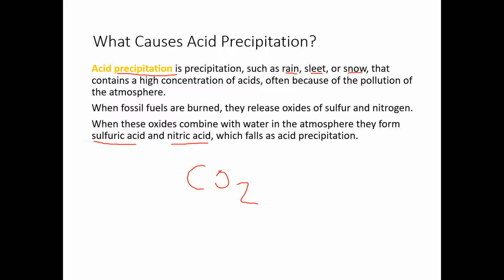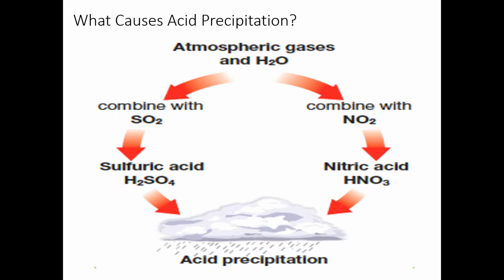When fossil fuels are burned, they release what are known as oxides of sulfur and nitrogen. These oxides primarily look like sulfur dioxide and nitrogen dioxide. As I said, carbon dioxide also plays a role in forming acid precipitation, but nitrogen dioxide and sulfur dioxide dissolve better in water, so they contribute much more to acid precipitation than carbon dioxide, although carbon dioxide certainly plays a role, especially because we release a lot of it into the atmosphere.